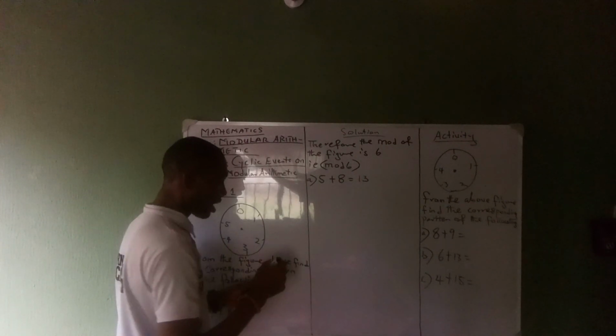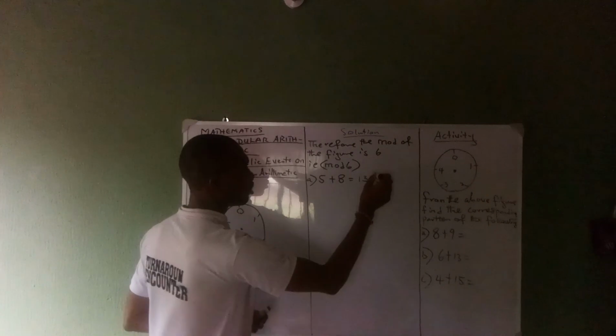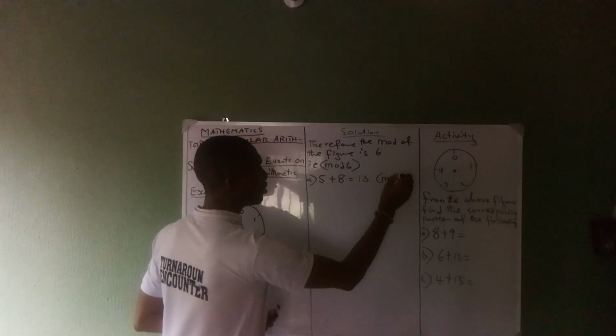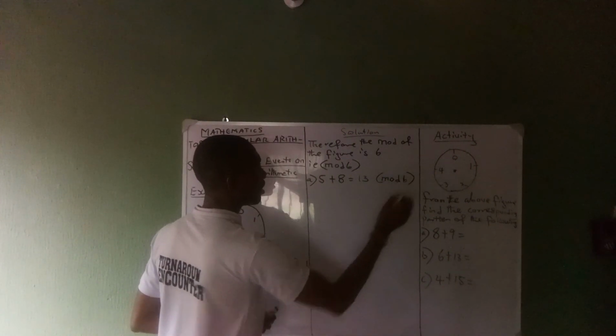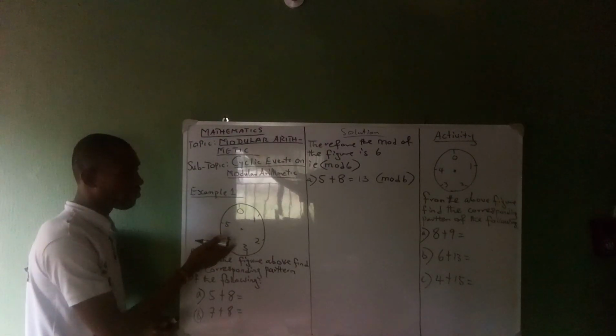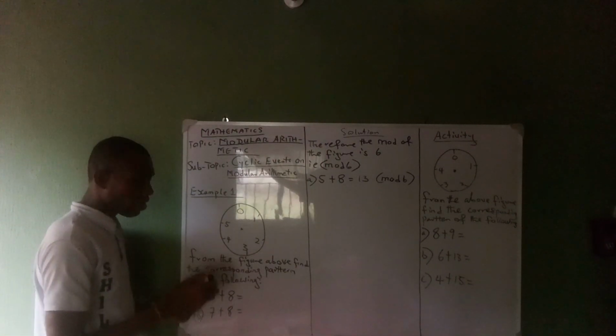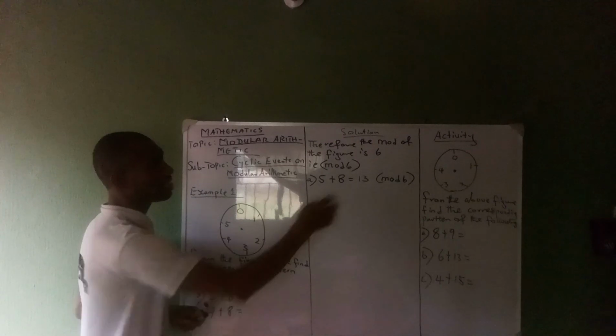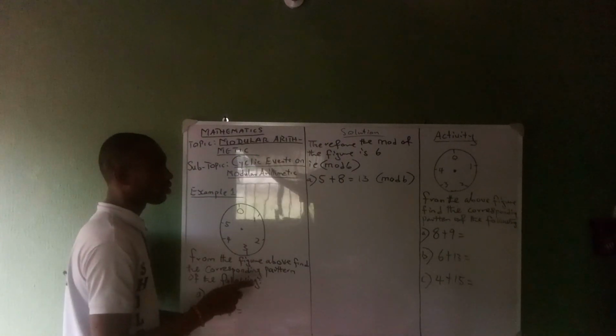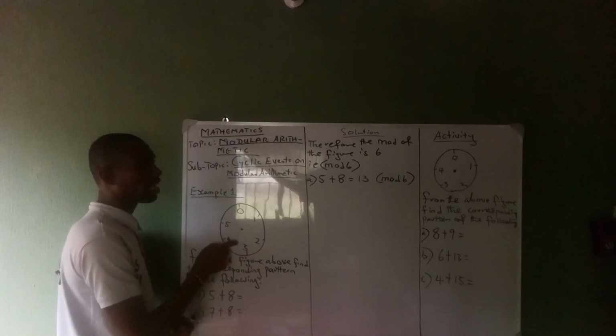Now this 13 should be in mode 6, in obedience to what we have in the cyclic figure. If we look at it, we will see that this 13 does not correspond to the figure that we have in this cyclic figure.